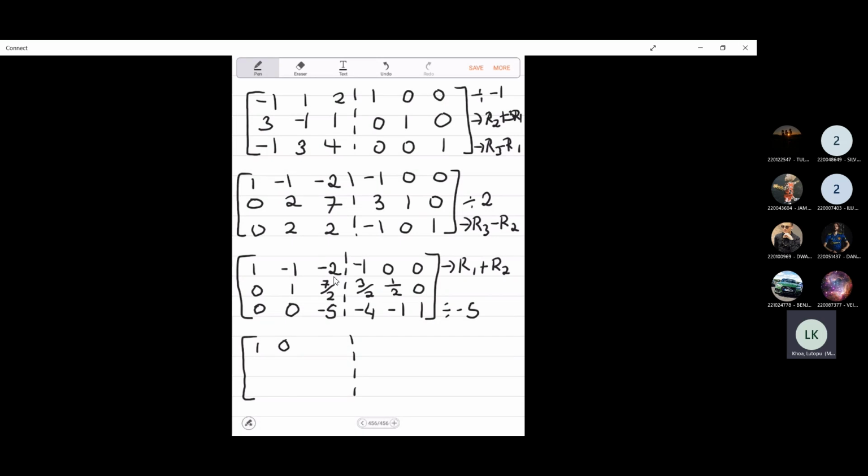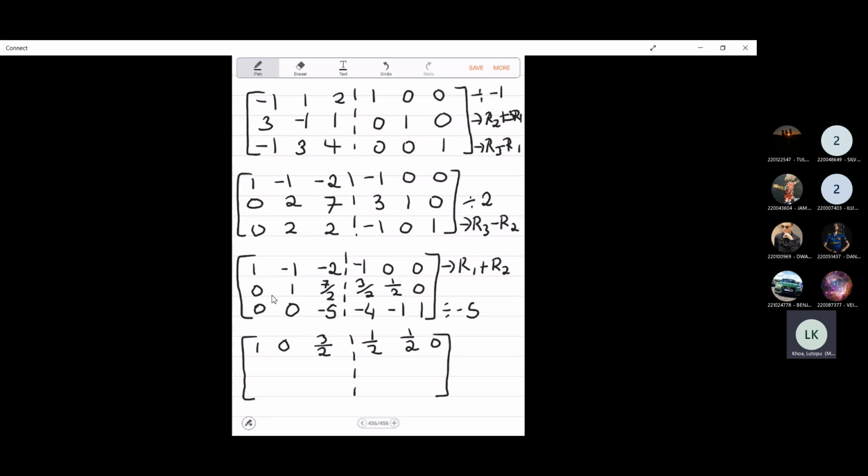This is 3 over 2. And then 3 over 2 plus minus 1. This is half. Then half plus 0 is half. And then 0 plus 0, which is 0.